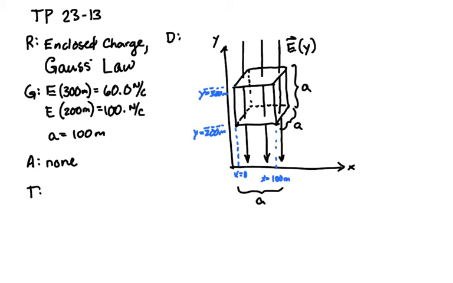Okay, so we don't have to make any additional assumptions, because by saying we're going to use Gauss's law, we've covered all of our bases. All right, so for our tasks, we have to determine the net enclosed charge, or the charge contained in the cube. But for us, that just means calculate Q enclosed.